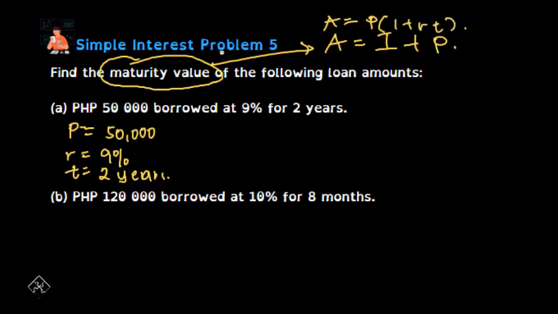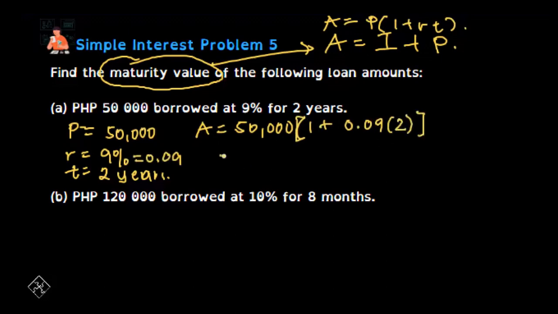Okay, so try nga natin gamitin ng formula na yan. A is equal to P. So, what is the P? The P is 50,000. So, we have 50,000 times 1 plus R. R is 0.09. Times T, which is 2 years. Okay?